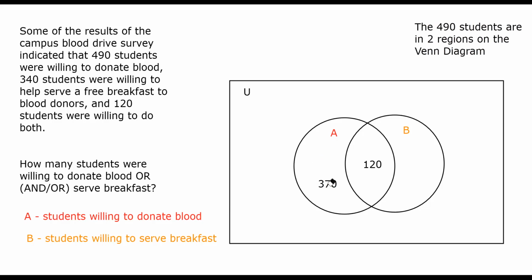And so now if I did the 370, this piece alone plus this piece of 120, that would add up to the 490 necessary to fully encompass all of A.